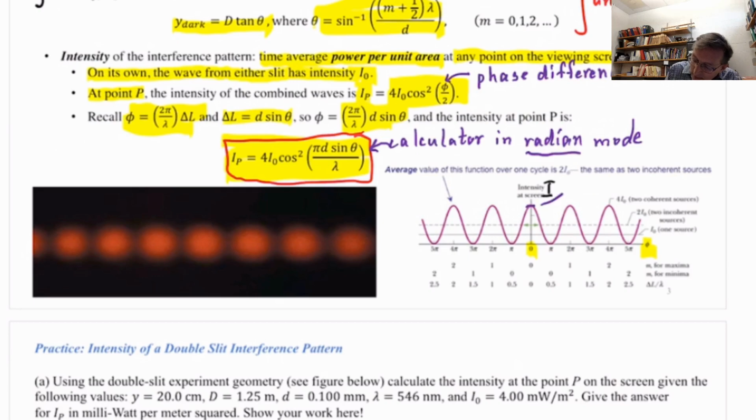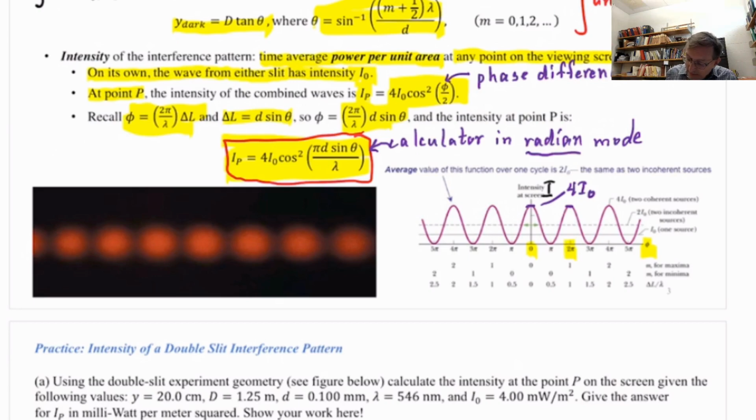4 I0, 4 times the intensity from one slit. If I go farther out to the next peak to the right, where I get the maximum intensity of 4 I0, that corresponds to a phase difference phi of 2 pi radians.